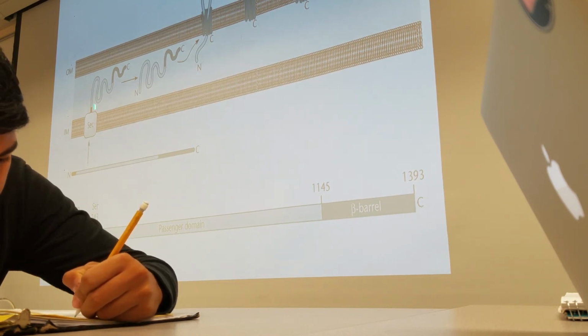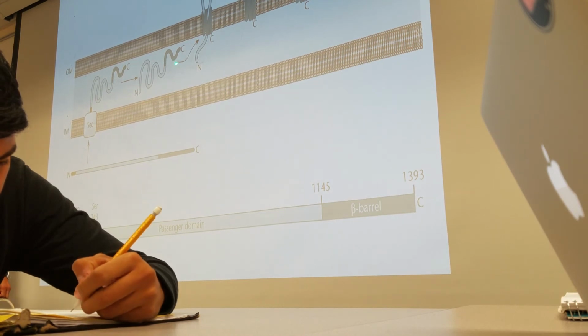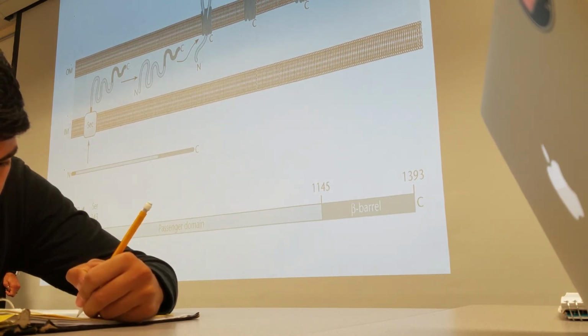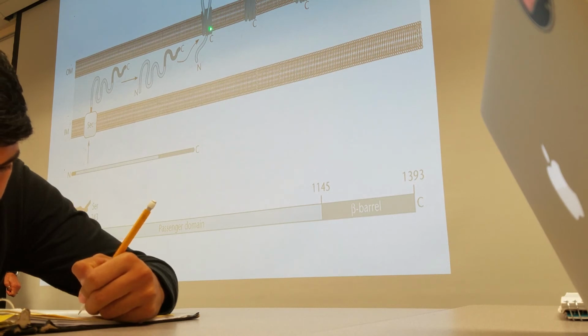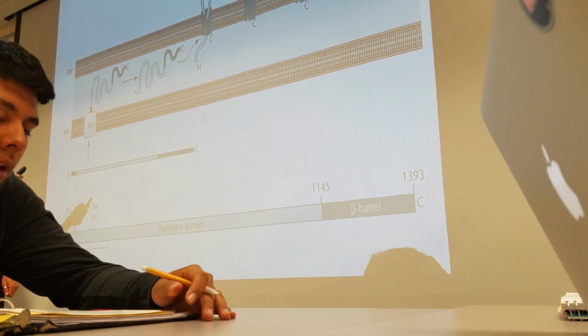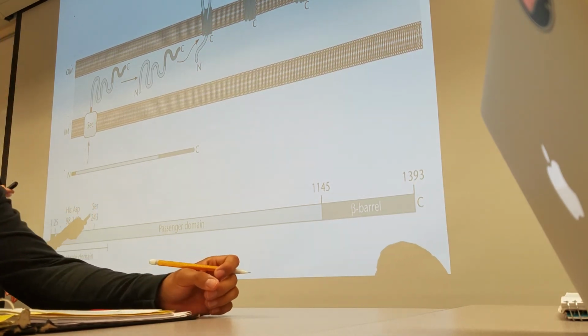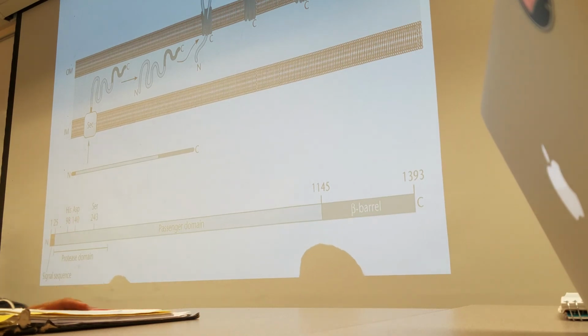It gets secreted out through here, energy takes it through here, and then it goes through this little beta barrel, 12 subunits of beta barrel, comes around, and then this one gets folded outside after it's exported out. It doesn't get folded in here, it goes through this because it's too big. If you have a huge protein and fold it here, you can't get it through, right? So you've got to get it through as a long skinny strand of amino acids, and then fold it on the outside.